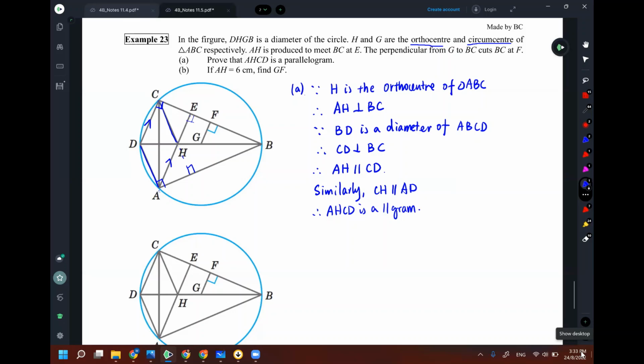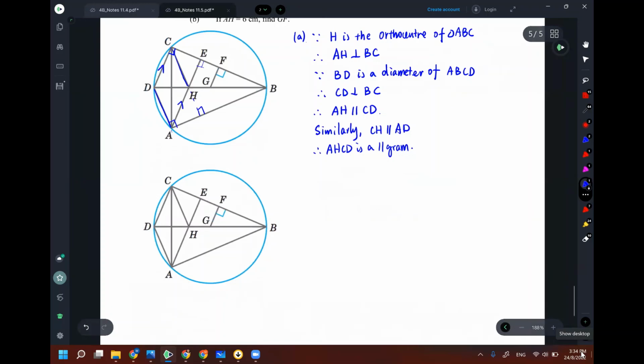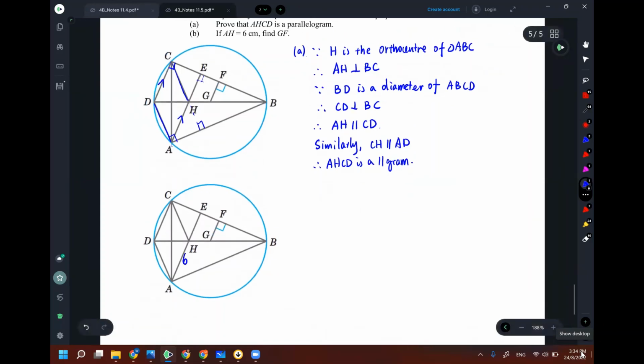Okay. Part B. AH is 6 cm. How do you find GF? It's not that difficult. AH is 6, CD is also 6. Right? And GF looks like it's half of it. How do I know it's half? Okay.